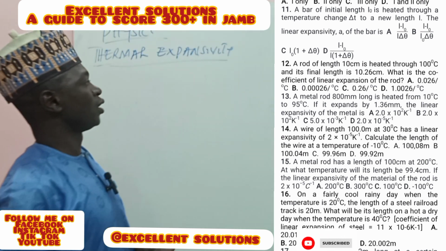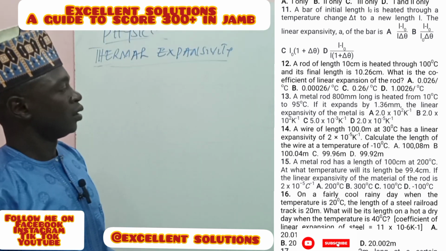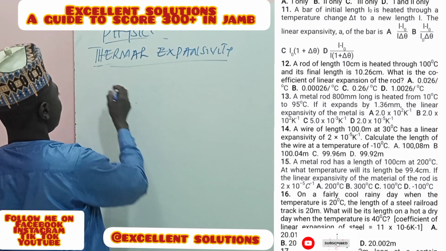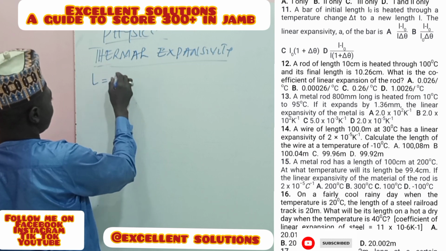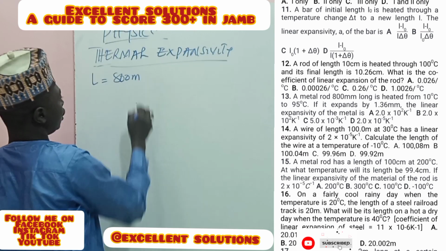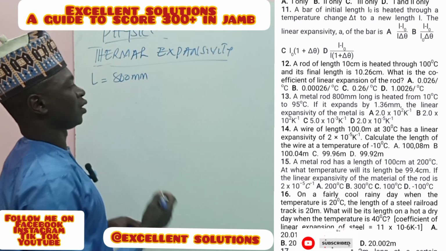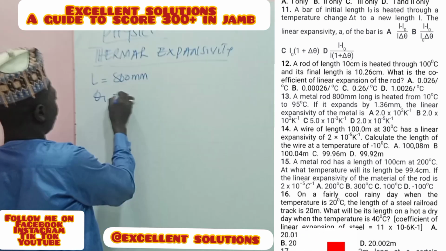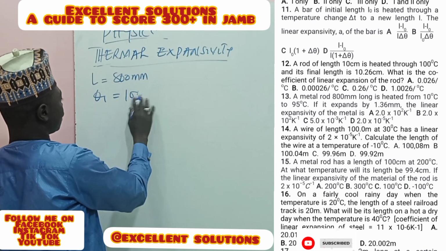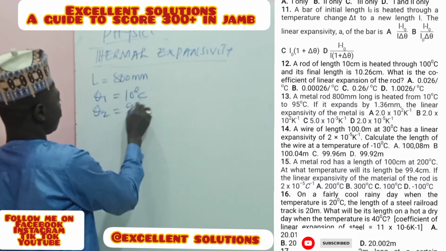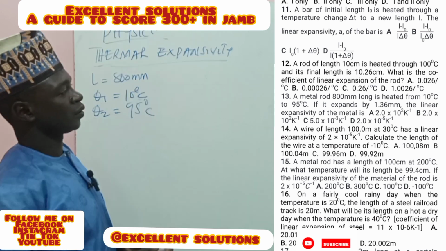The next question is question 13. This question says a metal rod 800 millimeters. So we have our L equals 800 millimeters. Is heated from 10 degrees Celsius to 95. So theta 1 equals 10 degrees Celsius and theta 2 equals 95 degrees Celsius.